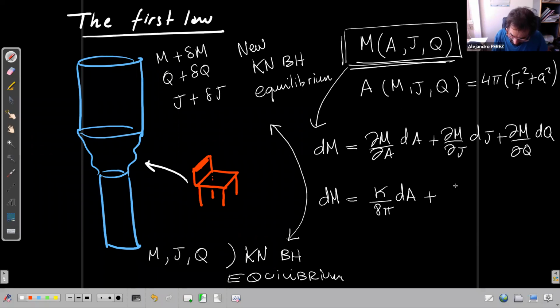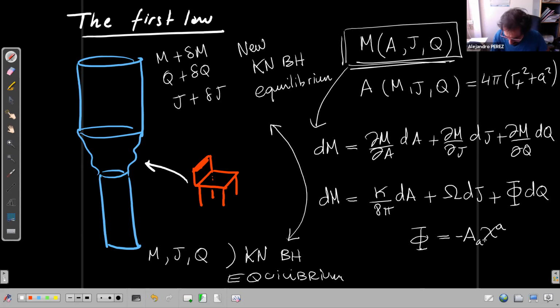This one is just omega times dj, and this one is nothing else but the electrostatic potential times dq. We didn't mention the electrostatic potential, but this is what you would expect. It's just the zero component of the vector potential in this Kerr-Newman solution, that has a non-trivial vector potential that I wrote at the beginning.